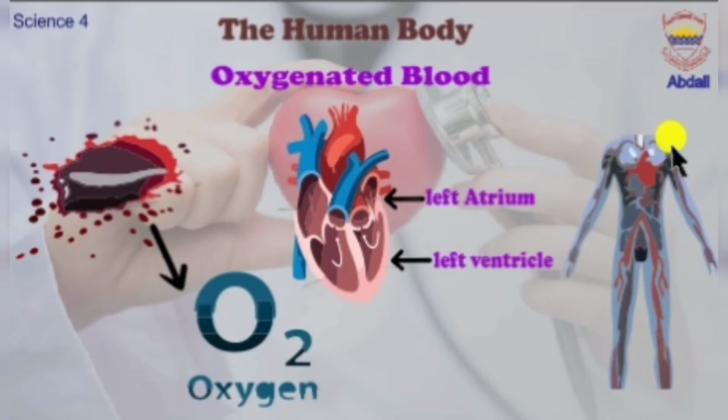Oxygenated blood is that blood which is rich with oxygen and flows from the left atrium into the left ventricle and then around our body.